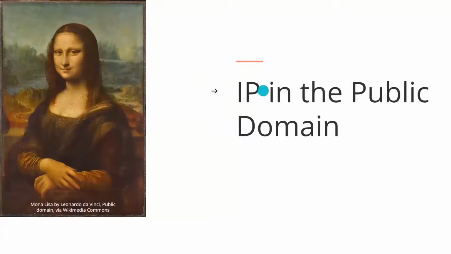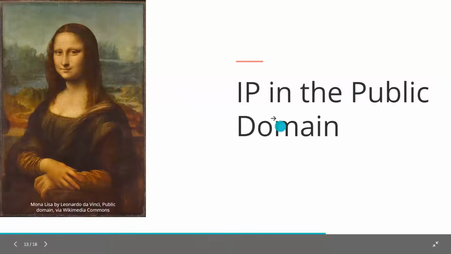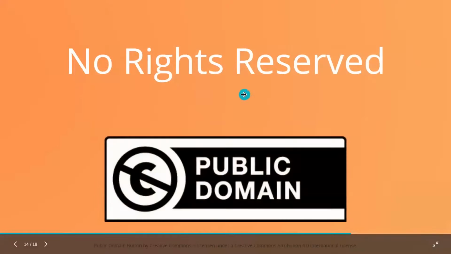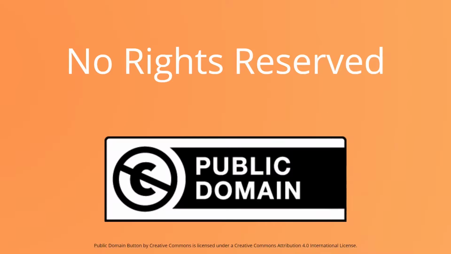So another aspect of using open materials is the public domain. Your intellectual property that's in the public domain, for example, the Mona Lisa by Leonardo da Vinci, also has some elements that you might want to know about. This little license, or it's not a license, it's a signifier, means that the material is free of copyright restriction.